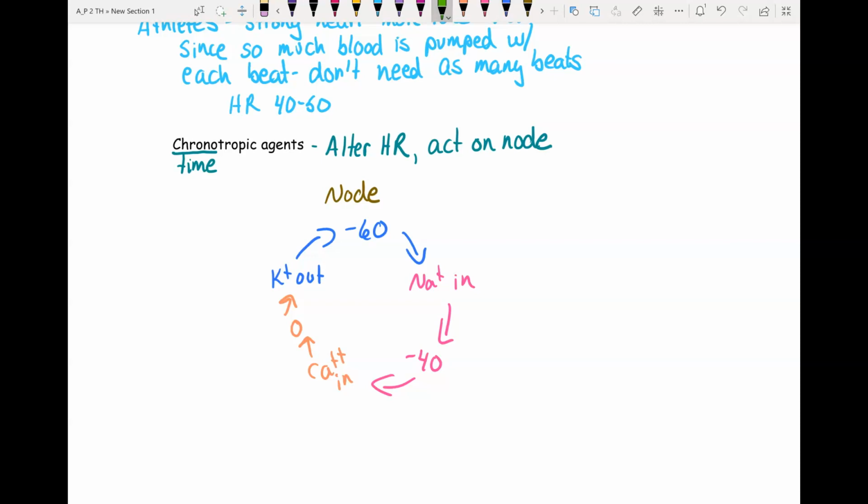We know that parasympathetic is going to have acetylcholine from the vagus nerve, and that will open potassium gates. So when you have parasympathetic, you have extra potassium out, which gives you then even more negative.